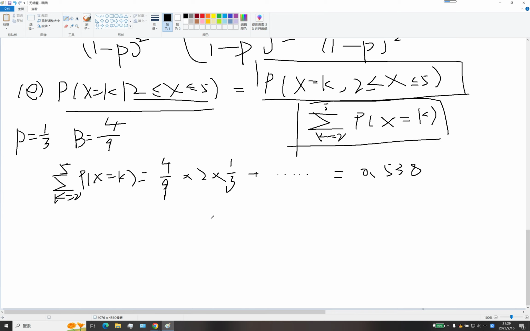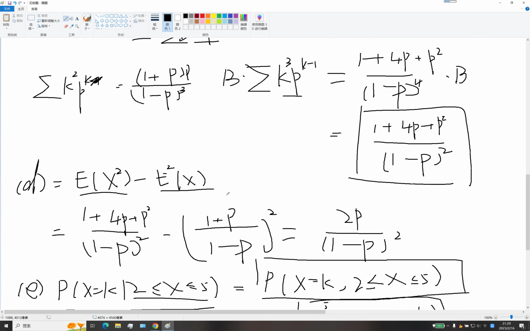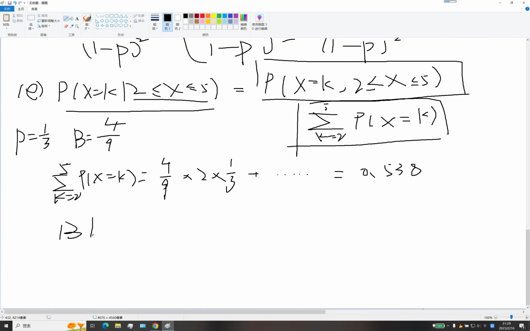So the answer is b k p^(k-1) over this part, which is 0.538.